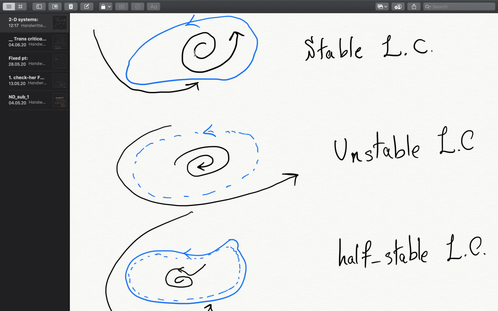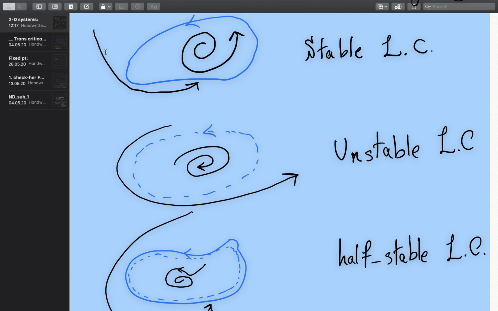Therefore, a state of a system here spirals out and is attracted to this stable limit cycle. However, from outside of this limit cycle, it is also absorbed to this. Therefore, we call it stable one because every state inside and outside will be absorbed to this limit cycle. And this limit cycle is just repeating.